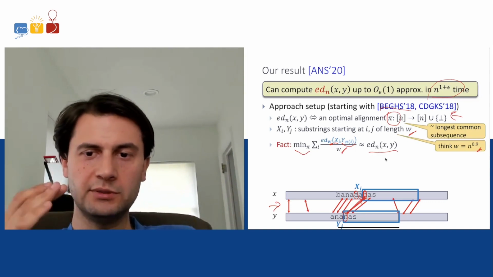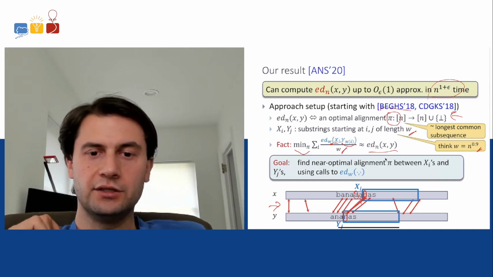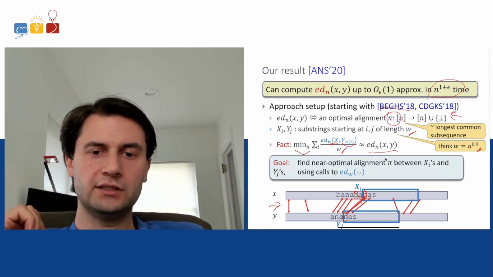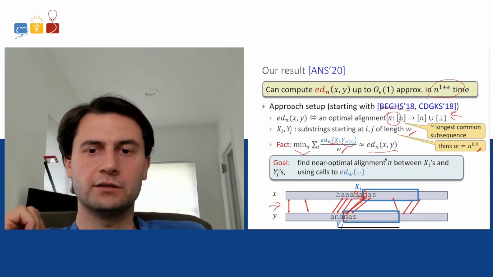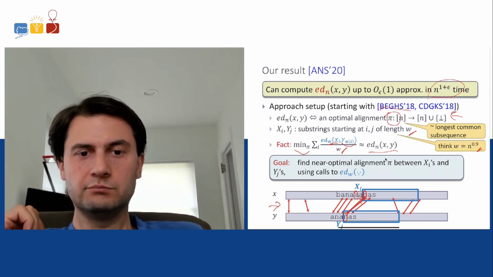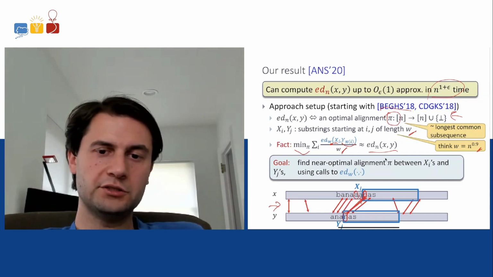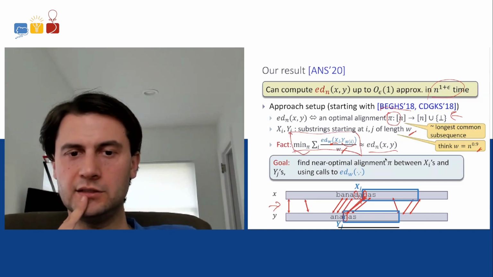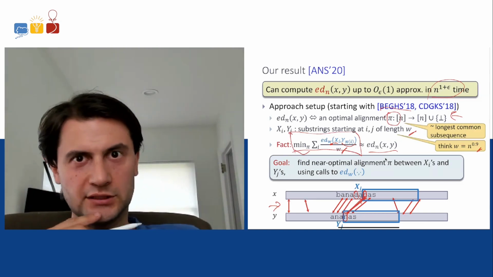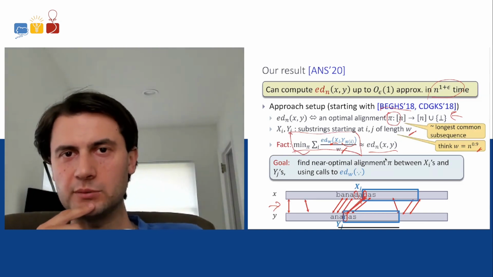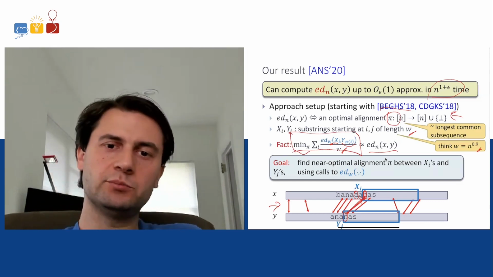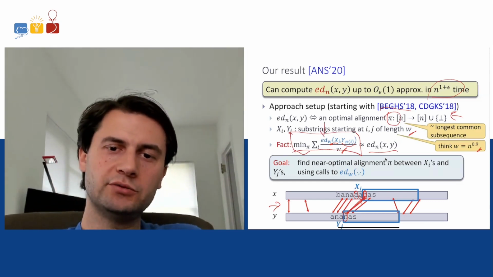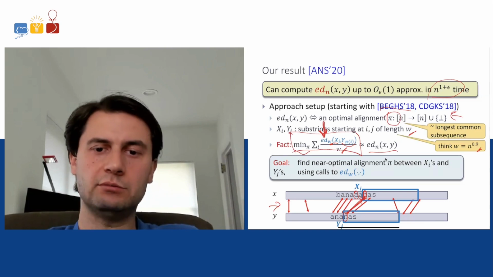Now the goal has become to find a near optimal alignment pi between blocks Xi and Yj. Basically, we are computing this quantity now. And note what we've reduced the problem to: most importantly, what appears here is the calculation of edit distance on strings of length w.